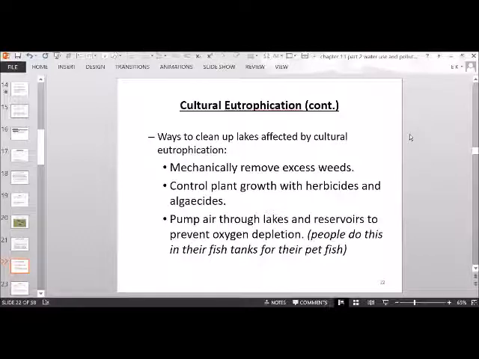There's a little pump that you put into a fish tank and it blows air into the water. Little air bubbles form in the water, and that adds oxygen. So we can do that on a larger scale to pump air and add oxygen back into bodies of water that have been affected by cultural eutrophication.